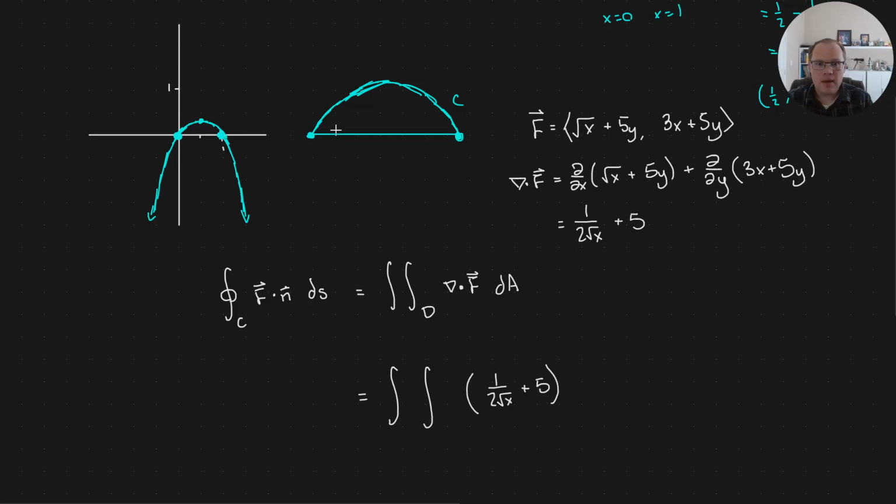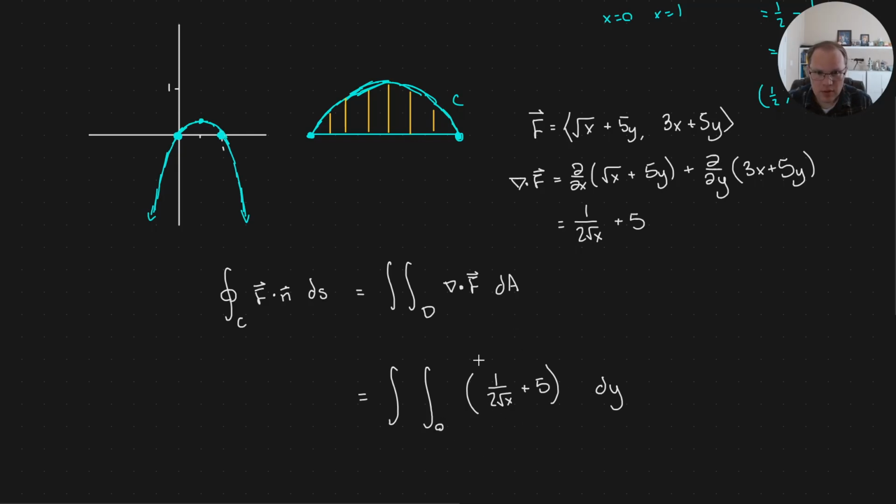All right. Now, I could either integrate first with respect to x, slice it up horizontally, or I could integrate with respect to y. I think y is probably a little more natural in this case, so let's integrate first with respect to y. For each slice, if I integrate with respect to y, each slice starts along the x-axis, y equals 0.